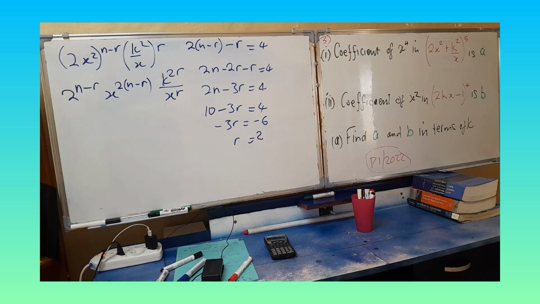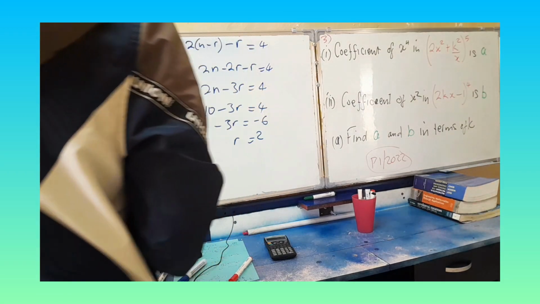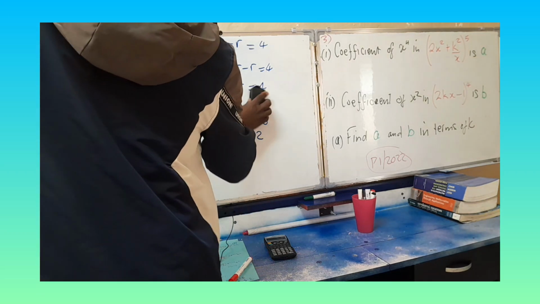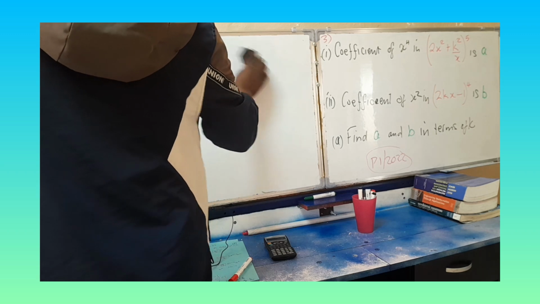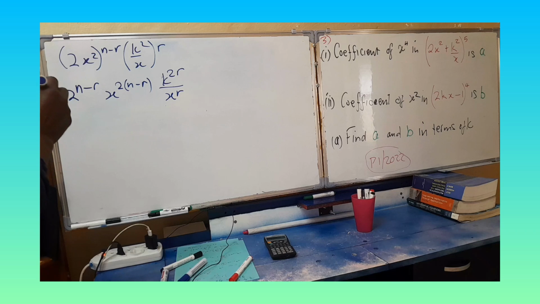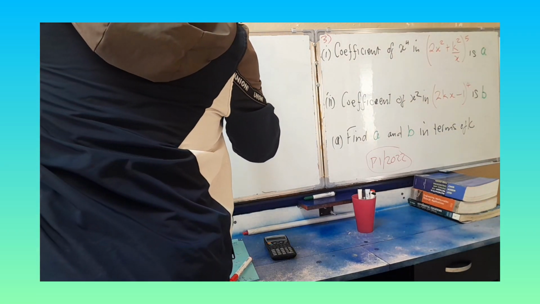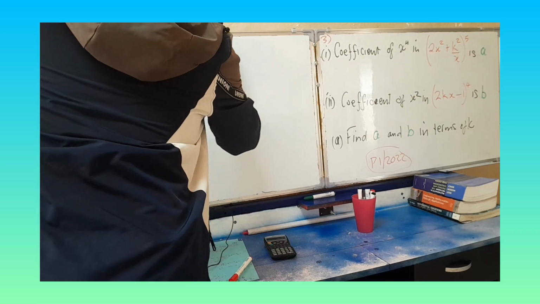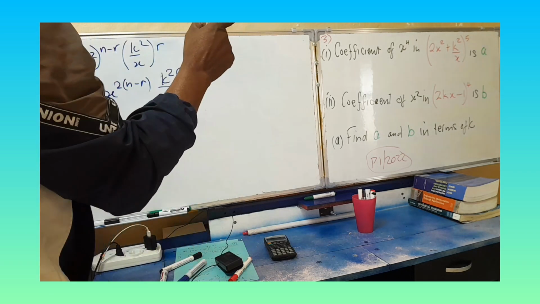Okay, so what happens now? Our term that contains x squared, let's clear this. The term that contains x squared will be the term that has, of course, nCr, where n is 5 and we found that r is 2.